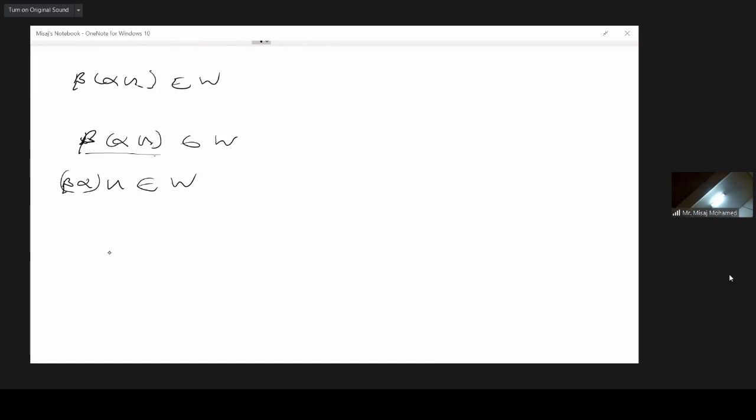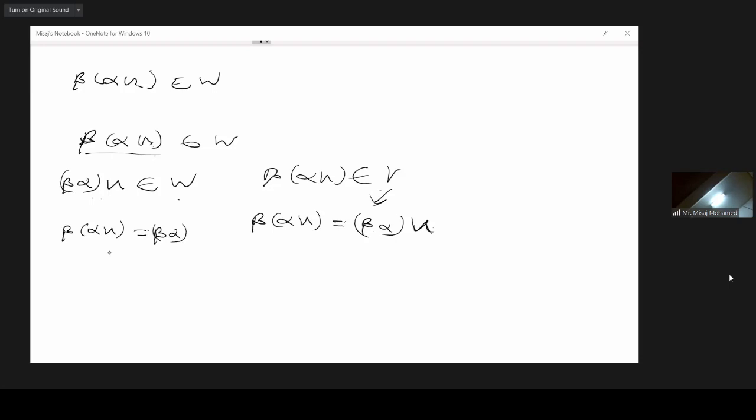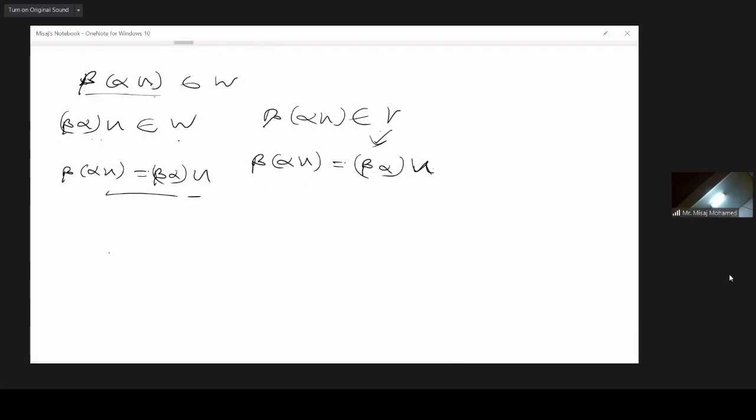Already this is an element of V as well. Beta alpha u is in V, since V is a vector space. Beta alpha u is nothing but beta alpha u, because this is a vector space element. So since this is in W, therefore beta alpha u is in W. That property holds.